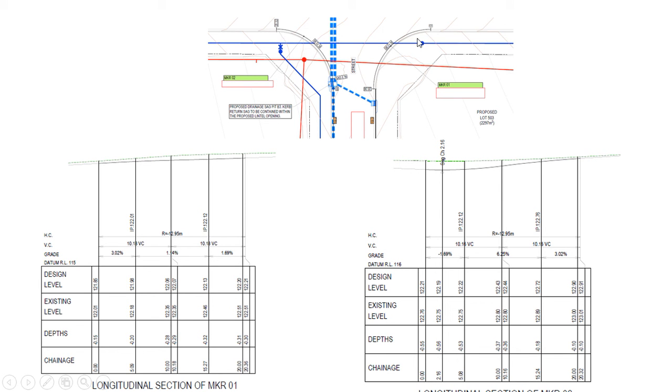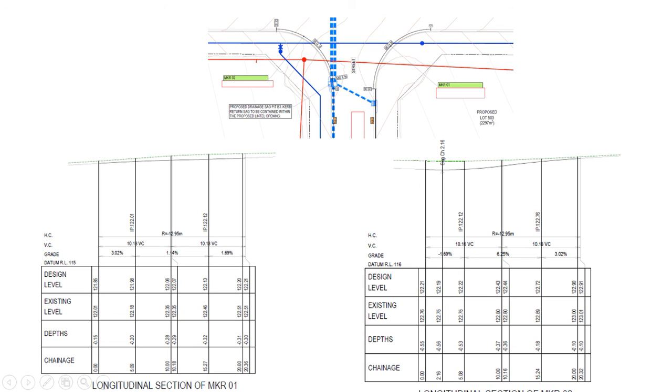And lastly, at the intersection there is a curb return. As you can see, here is MKR02, this one, and MKR01, this profile is this one. We need to make sure the curb return has a radius of more than 10 meters, because the vehicle has to come out and go in, and at that portion we expect the vehicle to decelerate and then turn, so the speed has to be less than 50 or 40 km/h.